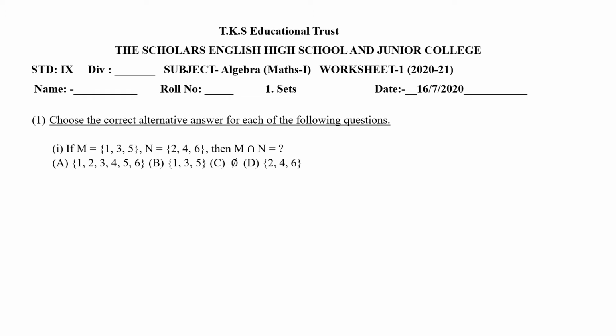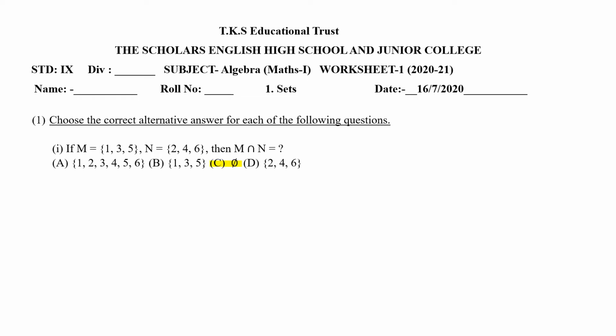Now students, you can see M intersection N. Can you see any common elements among these two sets? There is no common element. So the answer would be option C, that is the empty set.